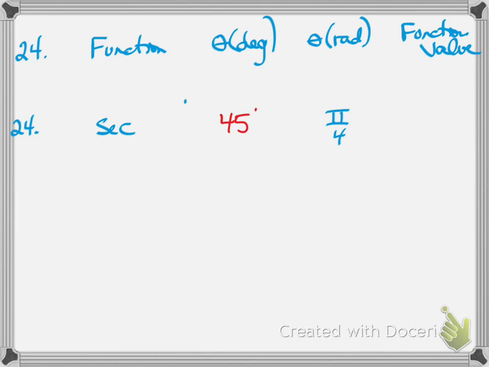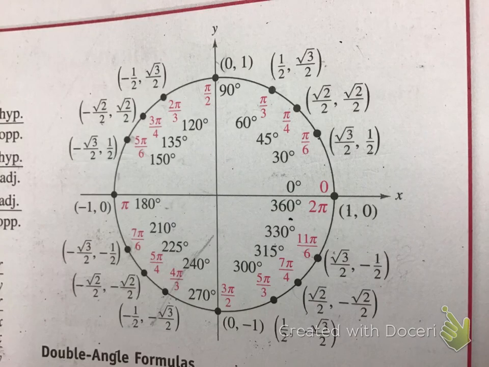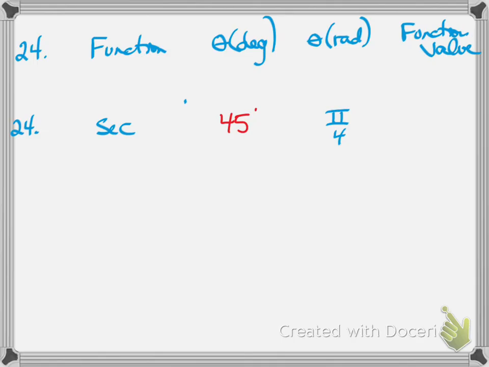And function value, I'm going to my unit circle. Take a picture of it real quick. And we're talking about pi over 4, which is square root of 2 over 2, comma, square root of 2 over 2. So let me write that down so I can look at it. Okay, I want to know what the secant of theta is.